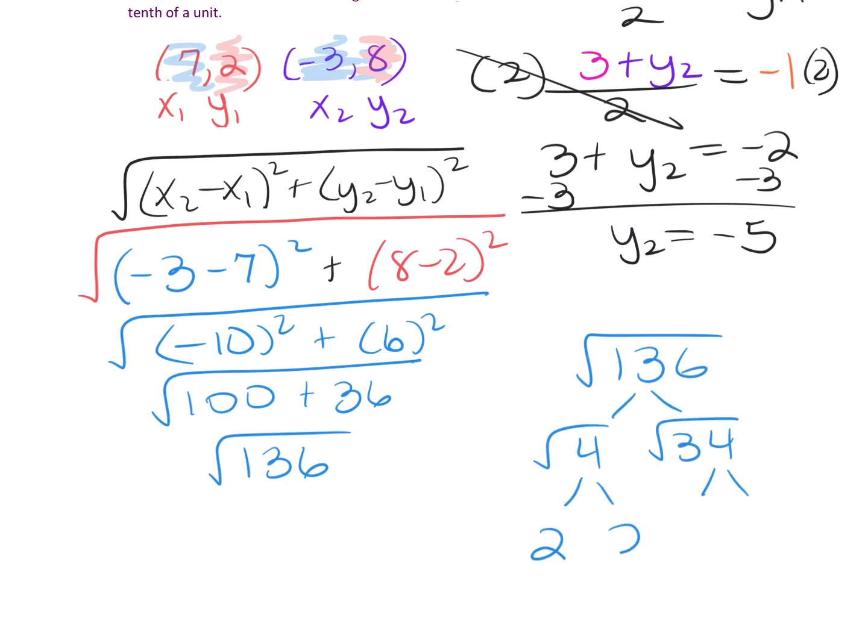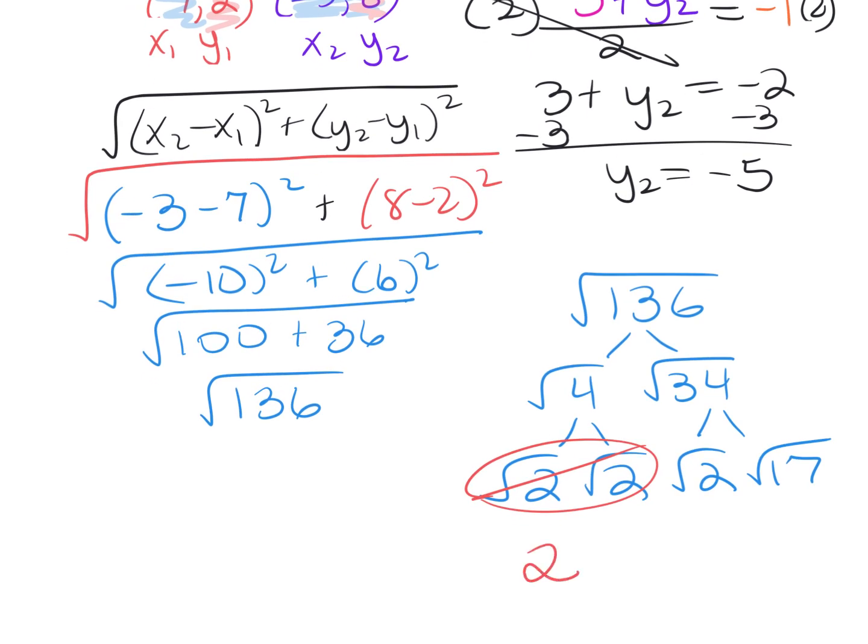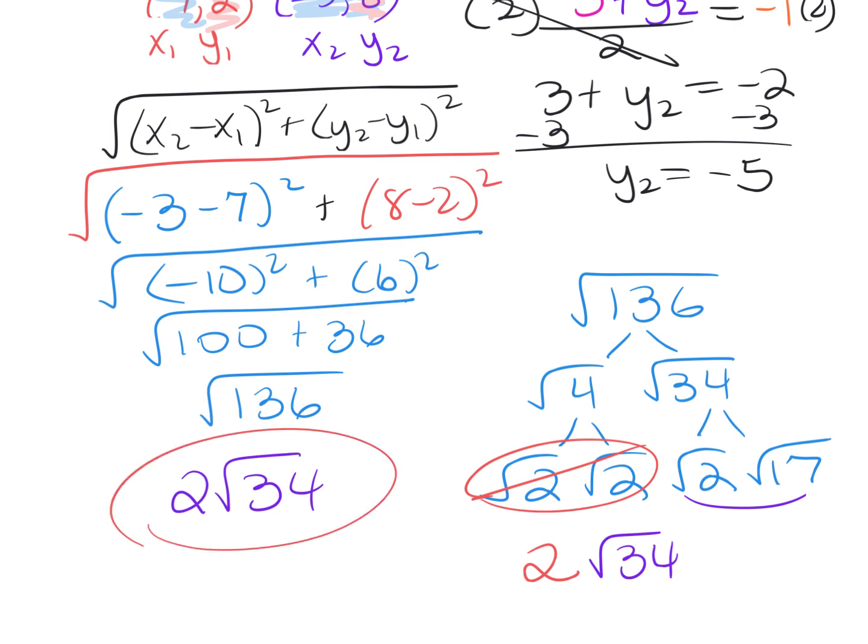And then I look for pairs. I have a pair of 2's. That's a perfect square. It comes out. These 2 that don't have any pairs, multiply them back. So the final answer here in simplest radical form will be 2 times the square root of 34.